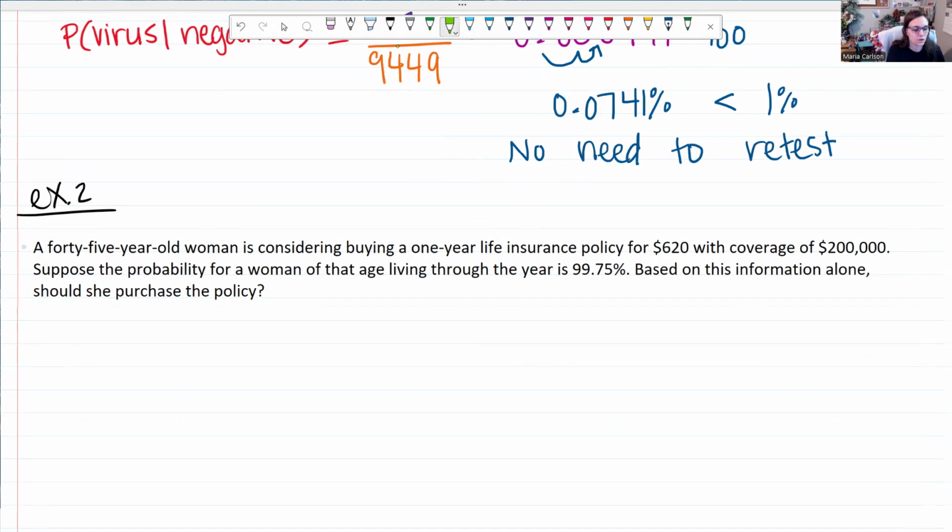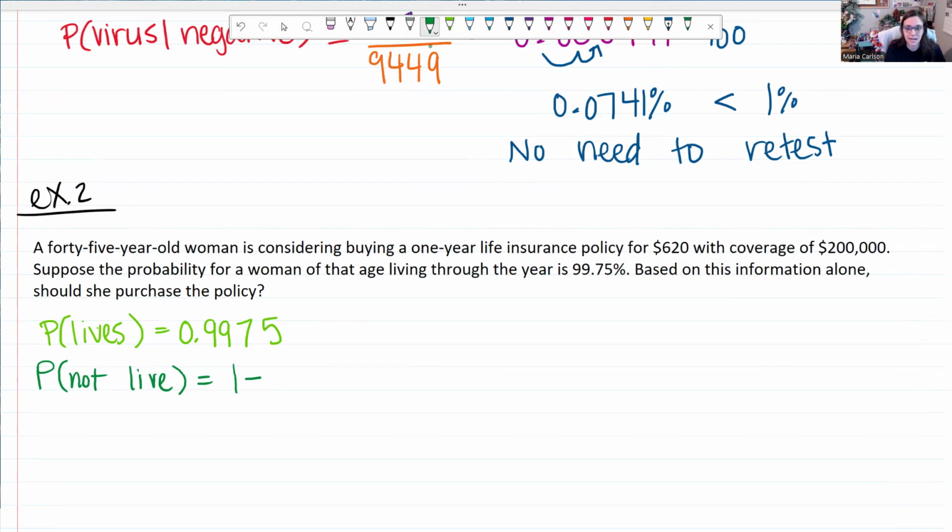All right, so the probability that this 45-year-old woman lives through the year is 99.75%, or 0.9975. So the probability that she does not live, that's the complement: 1 minus 99.75%, or 1 minus 0.9975.